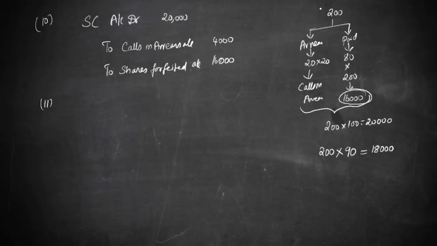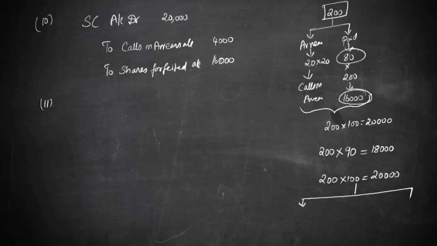But please note, in this 200 shares, already 80 were realized. So how much are you supposed to actually realize in this 200 shares at the face value? What is supposed to be realized is only 20,000. Out of this 20,000, some amount has already been realized, that is 16,000, and that is parked in the forfeited shares account. So what is required for us as a balance is only 4,000.